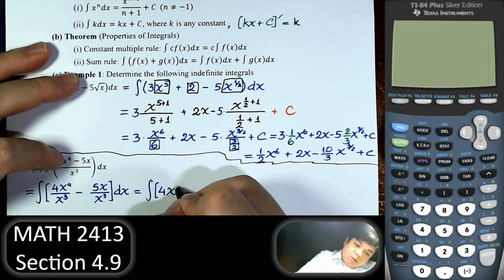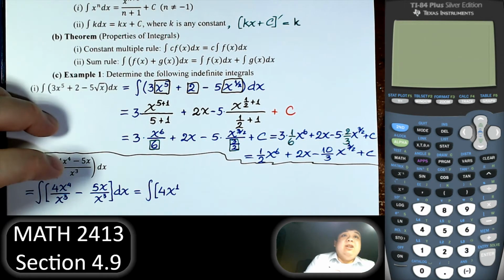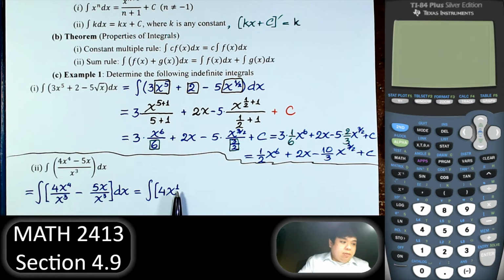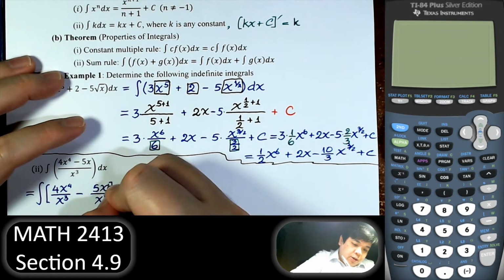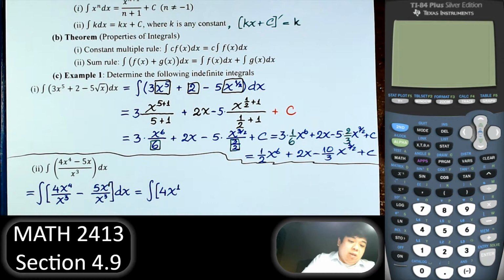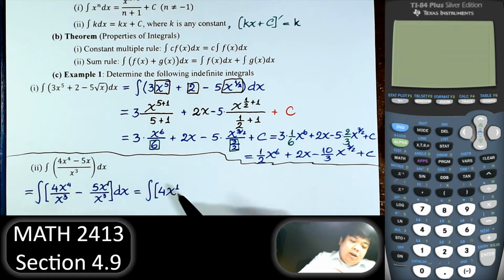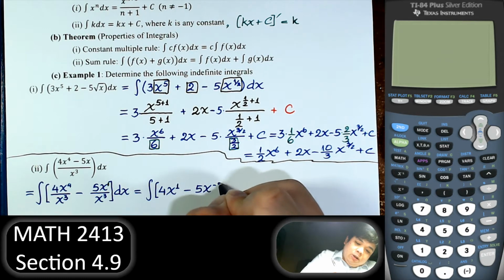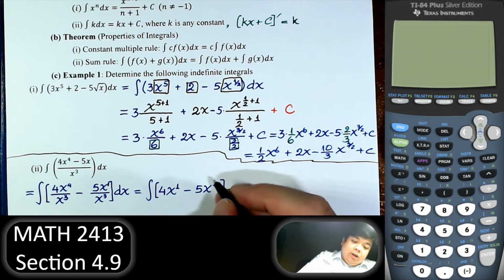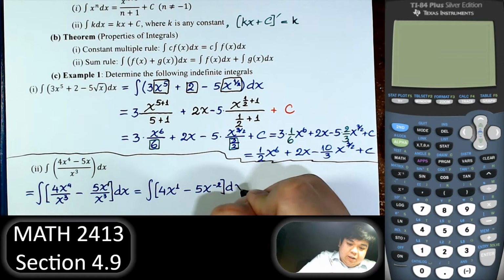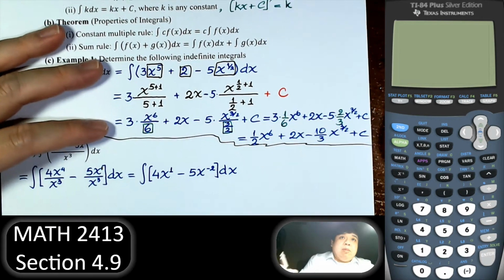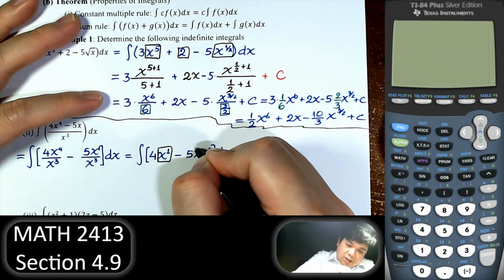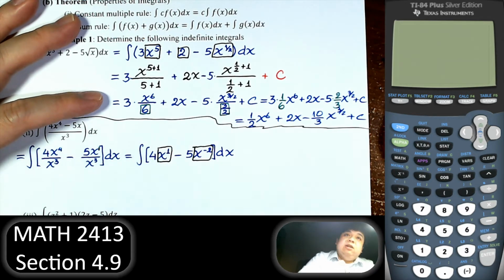Nothing wrong about that. And then x over x cubed, x to the first, by default, 1 minus 3 is minus 2, so minus 5x to the minus 2, and then dx. Now we can apply the power rule to this power and to that power of x.